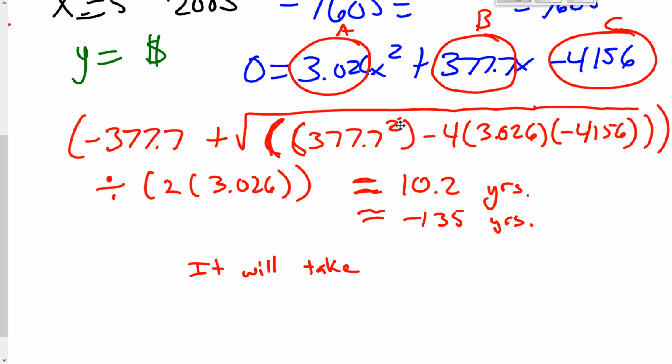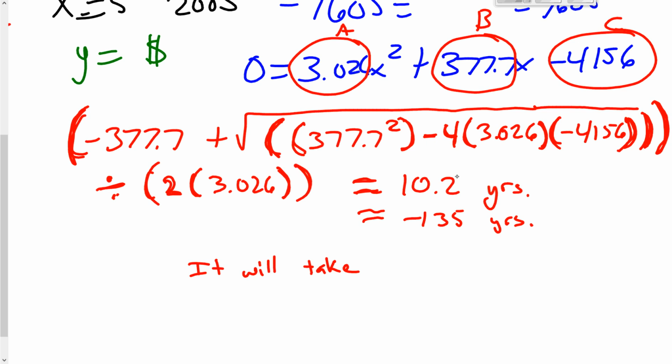Type your B, push the squared button, close that off, subtract 4, parenthesis, your A, close your parenthesis, then open another parenthesis, put your C in, close that parenthesis. Then you close off the top root, and then the whole top portion. Then you hit the divided by sign, then parenthesis, 2 times, parenthesis your A, close that, and then close off the bottom.